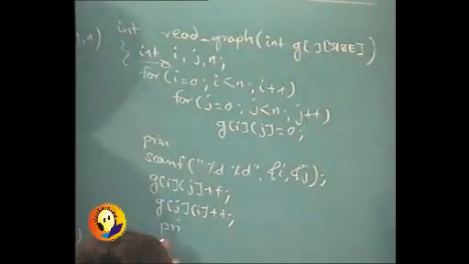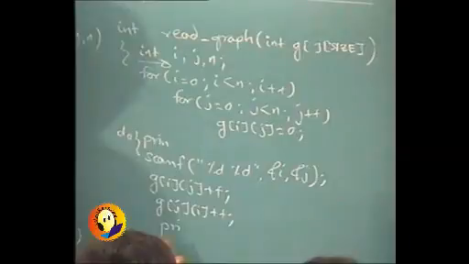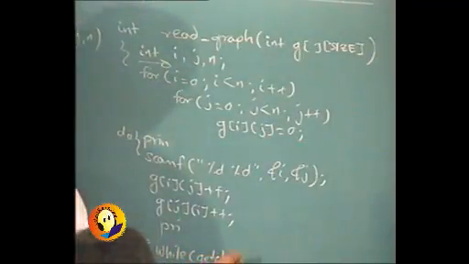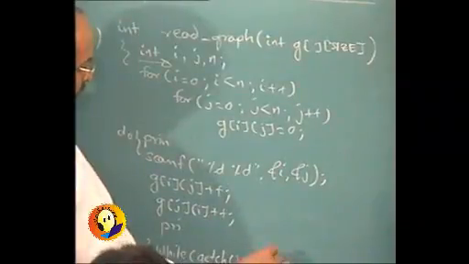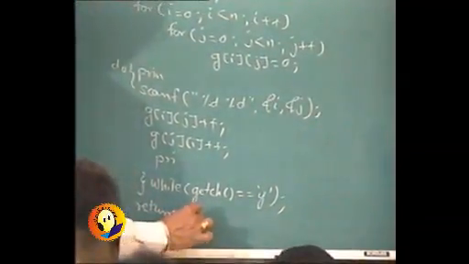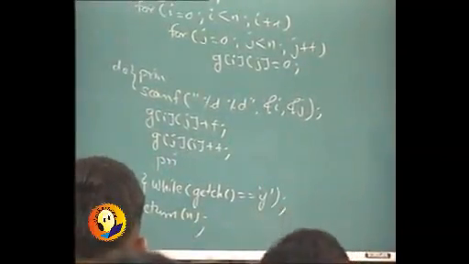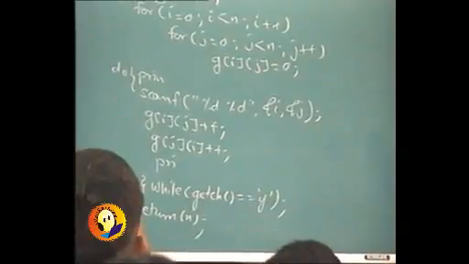Printf any more, and do from here while getch is equal to y. Return n. Everything was given to you. A simple straightforward function actually.